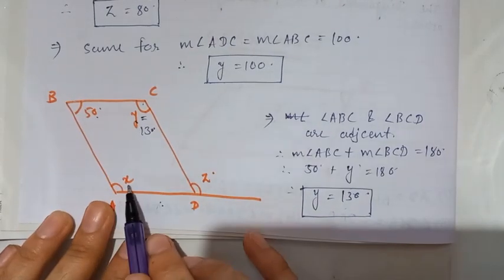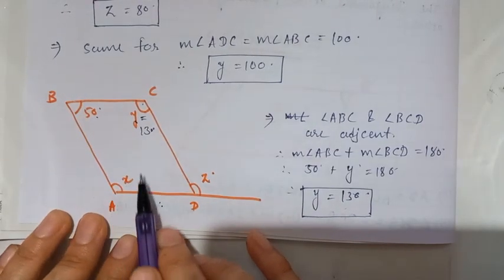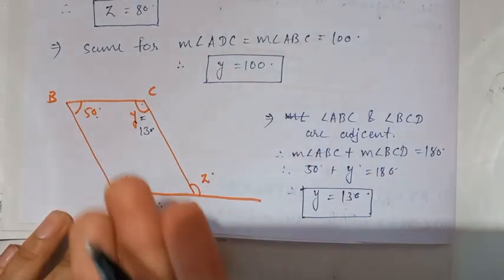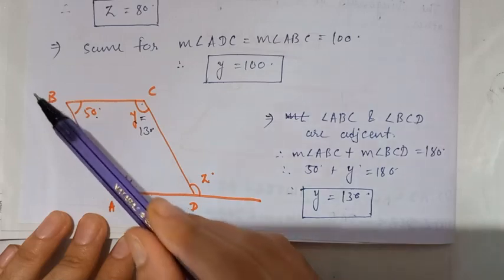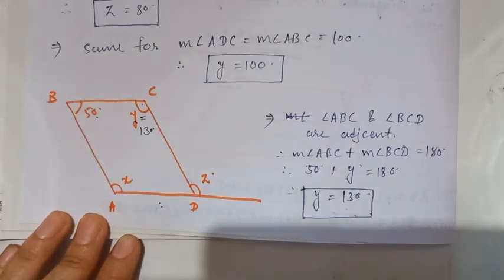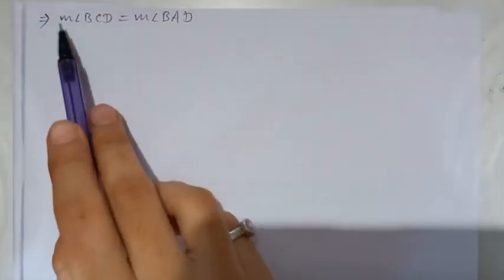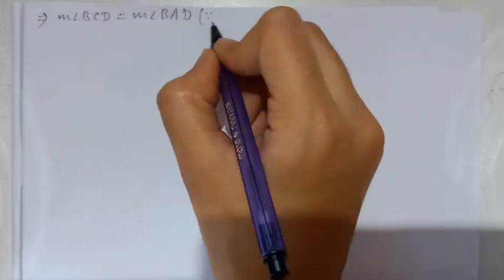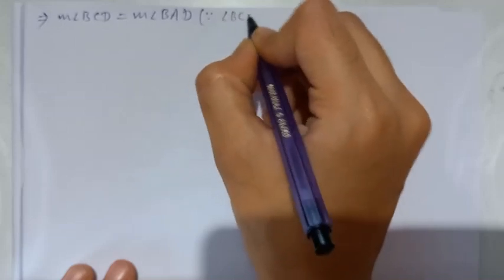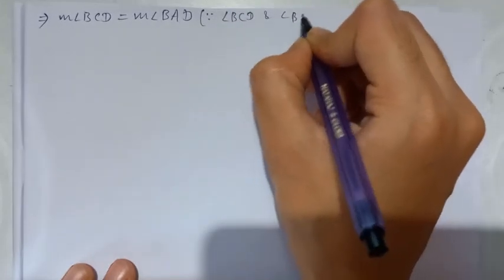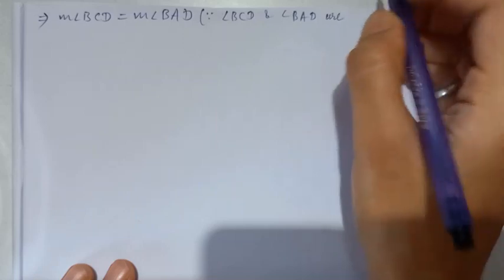Now we can directly write that measure of BAD is equal to 130 degree, because BCD and BAD are opposite. So let's write: measure of BCD equals measure of BAD, because angle BCD and angle BAD are opposite.